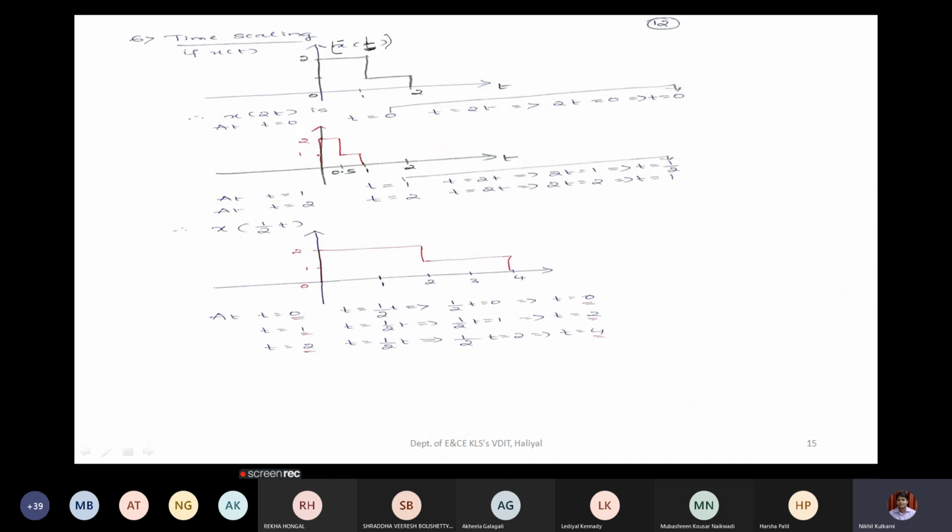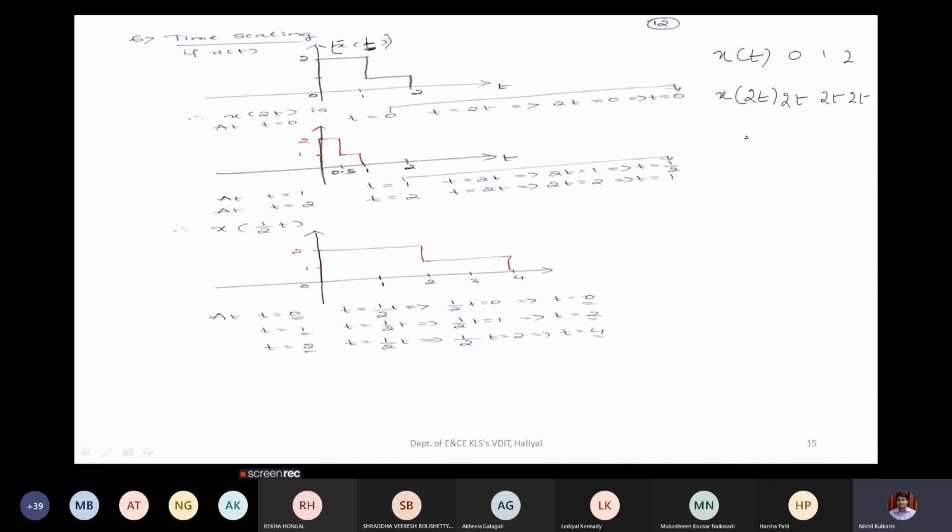If x of t is this, we need to find what is x of 2t. Where t exists, you check it. It exists at 0, 1 and 2. So you just equate it to 2t, 2t and 2t.